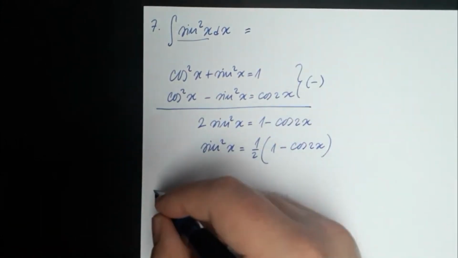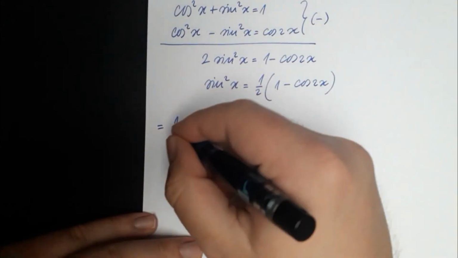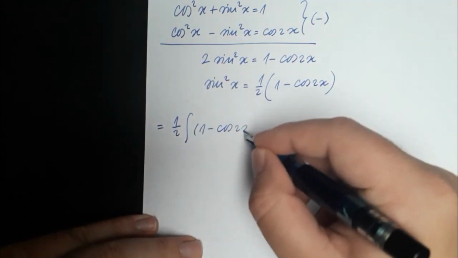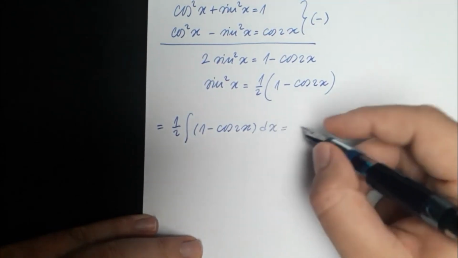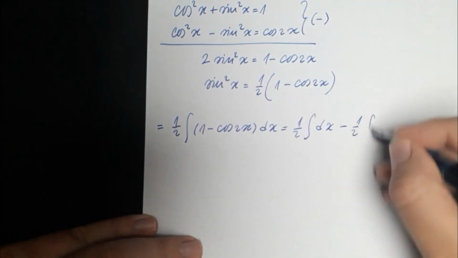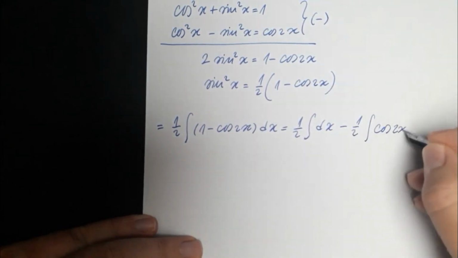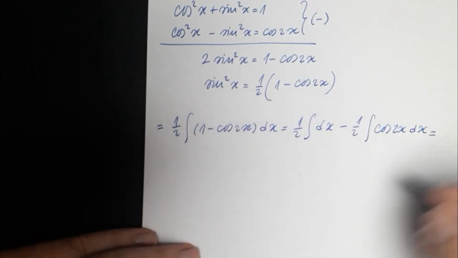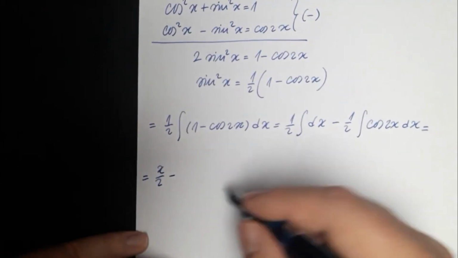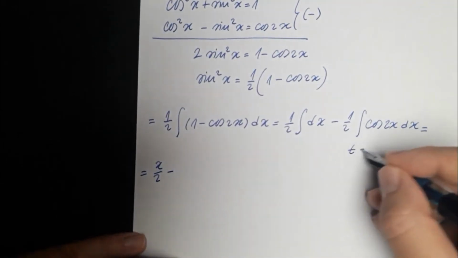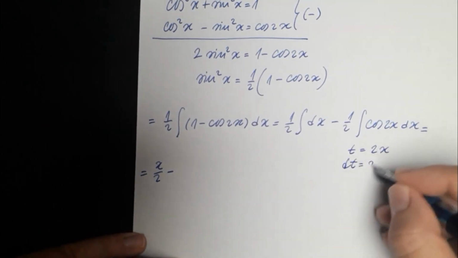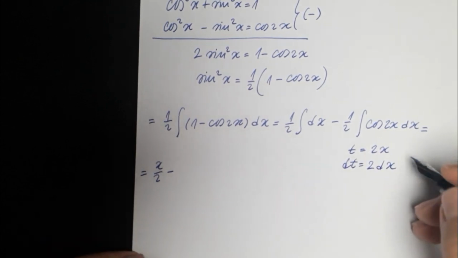Well, our beginning integral then becomes 1/2 of the integral 1 minus cosine of 2x dx, which is 1/2 of integral dx minus 1/2 of the integral cosine 2x dx. That is equal to x/2 minus, we are going to introduce the substitution that t is equal to 2x and dt is 2 dx.